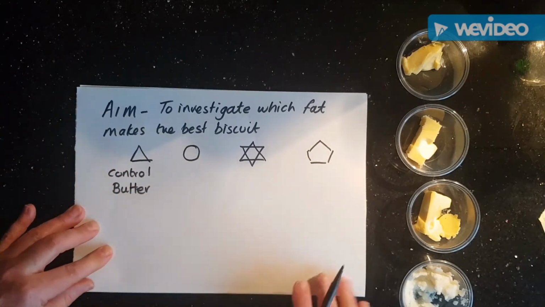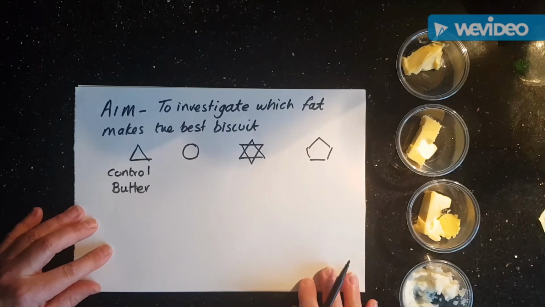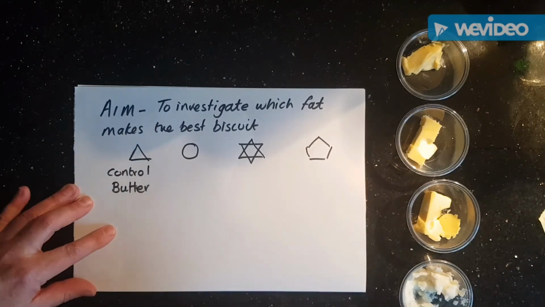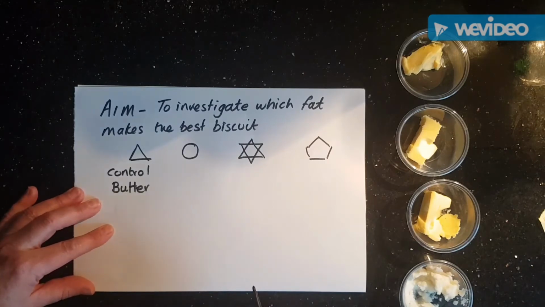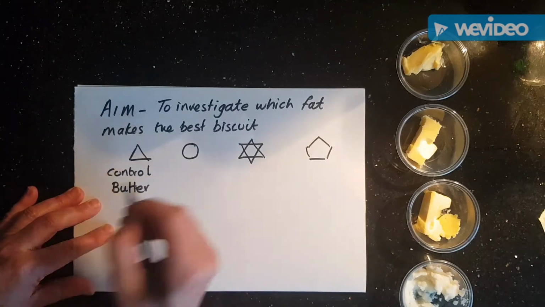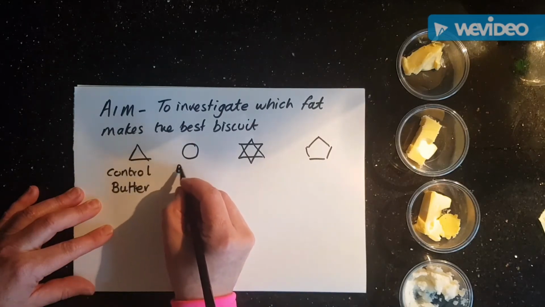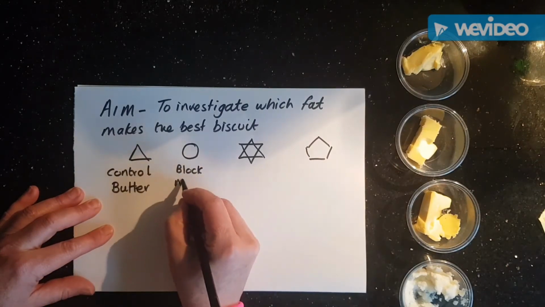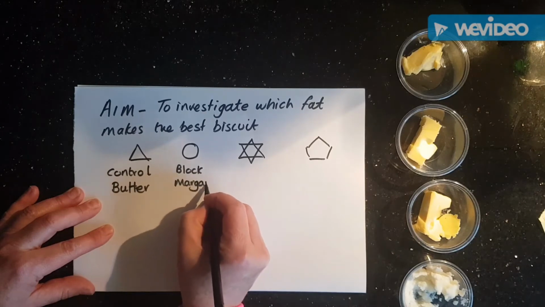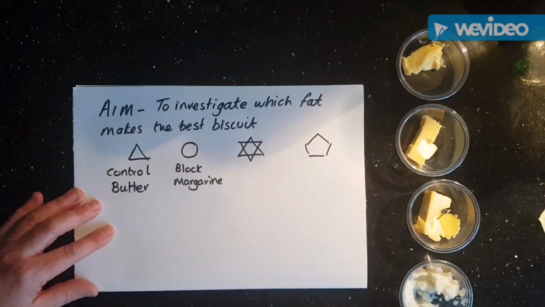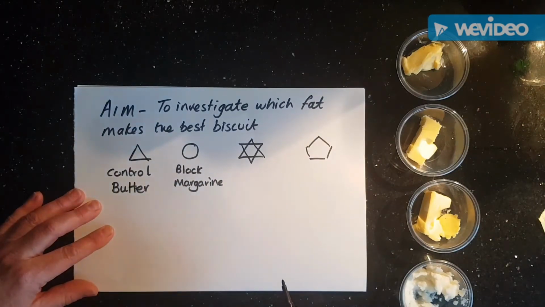I'm going to have 4 variables for this experiment, and I'm going to compare that to other fats that I found in my research would still make a biscuit, to see if butter does make the best quality biscuit. The next one is block margarine. It's similar in quality, as we mentioned earlier, to butter.